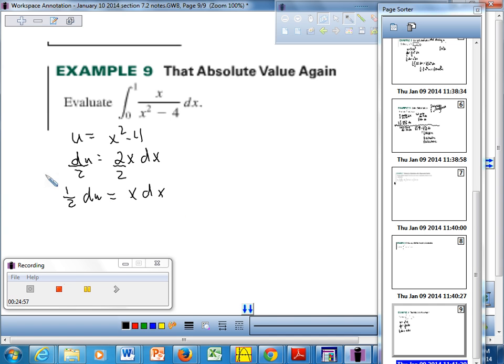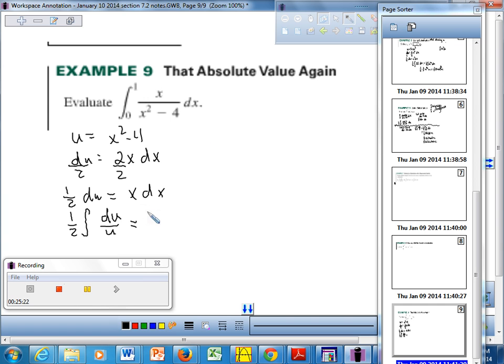I can now rewrite it. 1/2 out in front, integral of 1 over u du. We're not going to think about the 1/2 till the end.